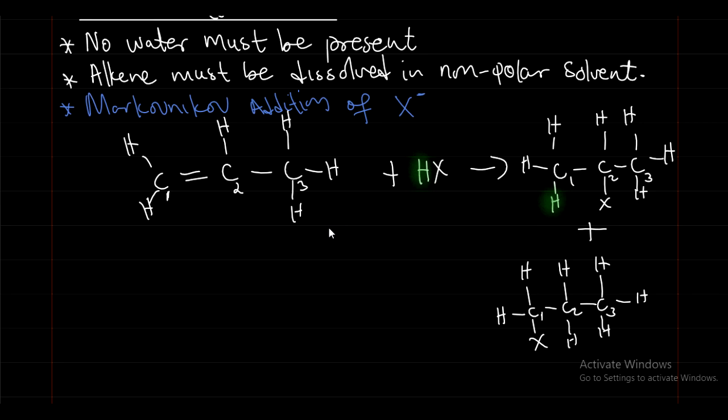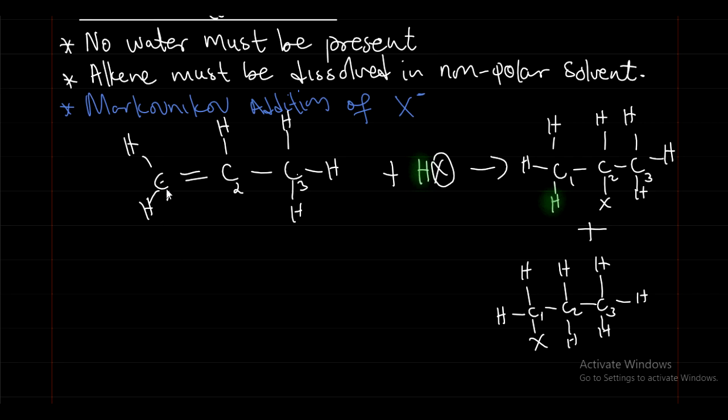Markovnikov says that this X will go to the carbon that is most substituted. If I look at this carbon, it is connected to this carbon and also connected to this carbon, so it is connected to 2 carbons.